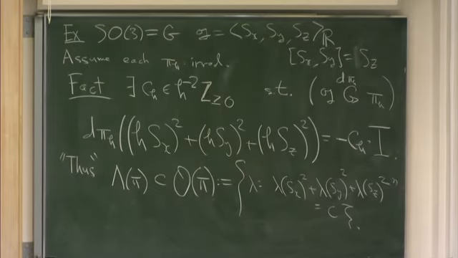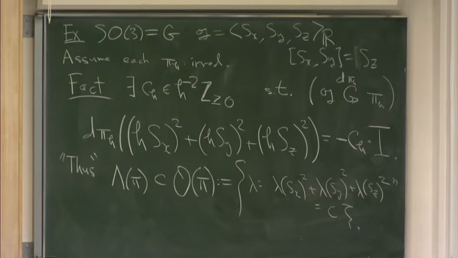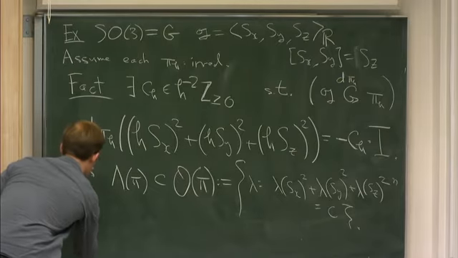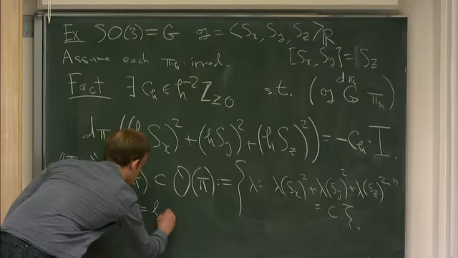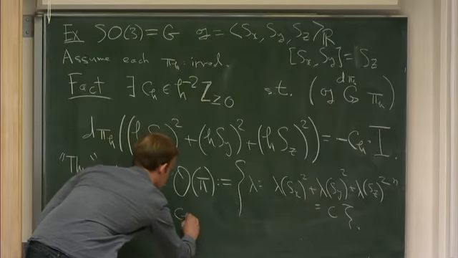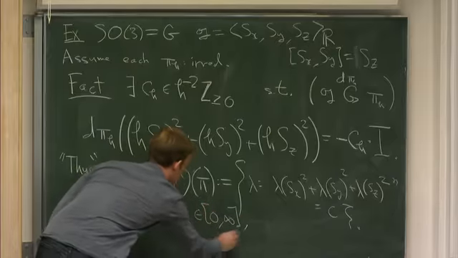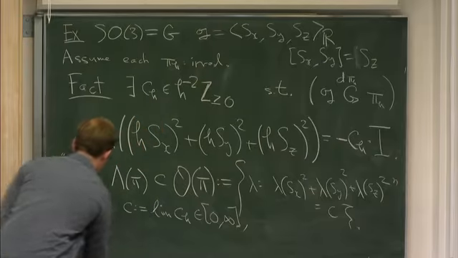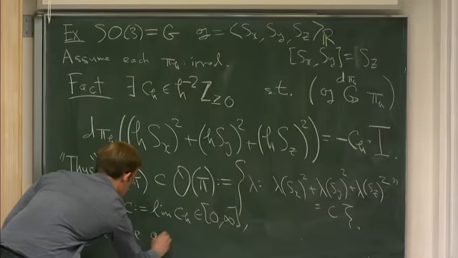So the sum of their values on these elements here should be C, where C is defined to be the limit of the c_h's in [0, ∞], and we assume that exists.